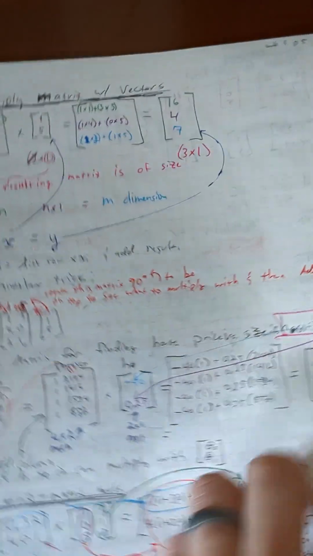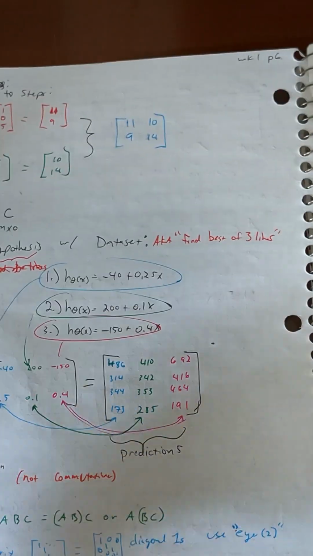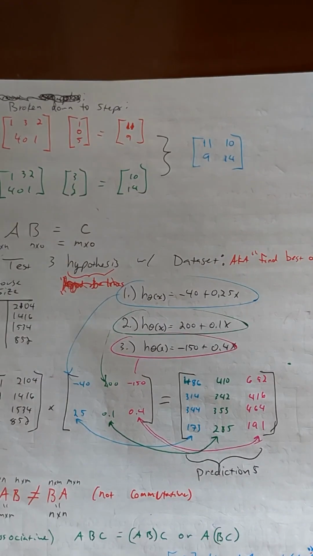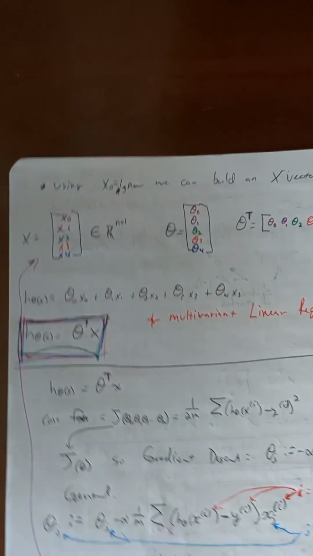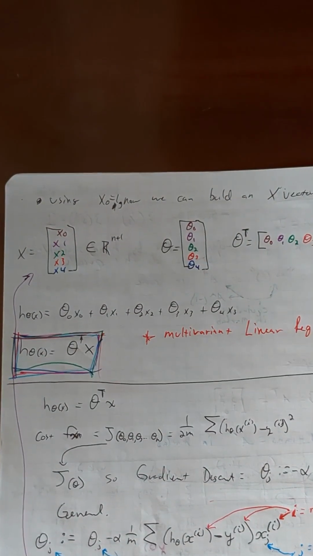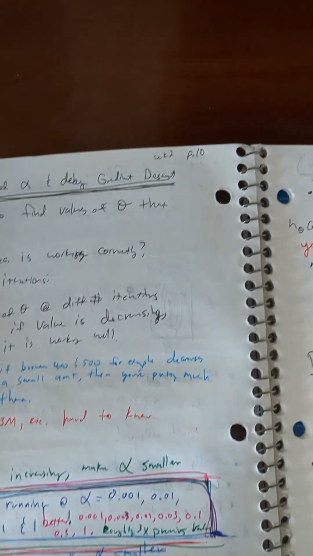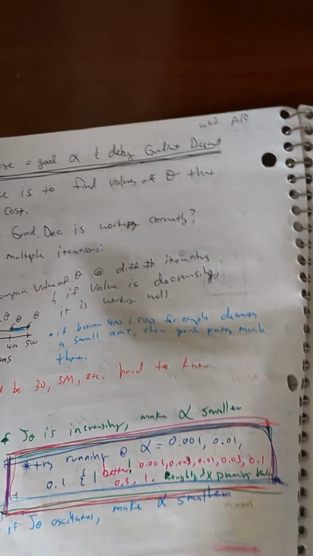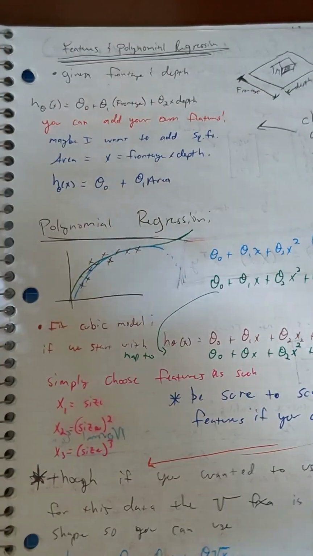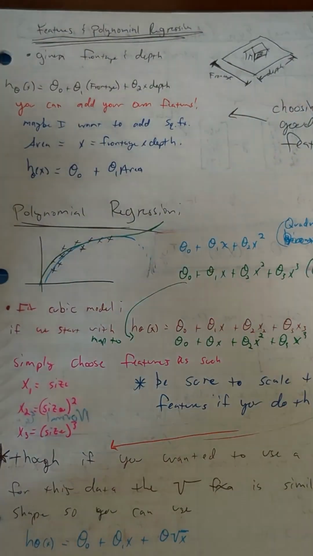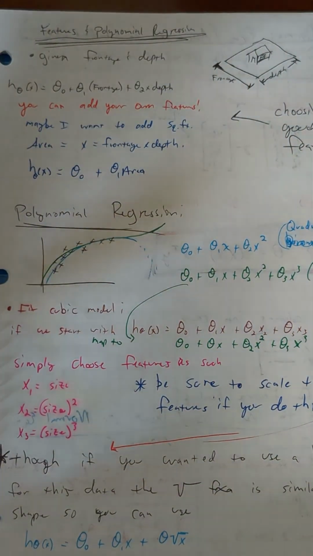Let's see, got some more information in here. Again, with the colors denoting the different pieces of the matrices. This is different colors meaning different steps.